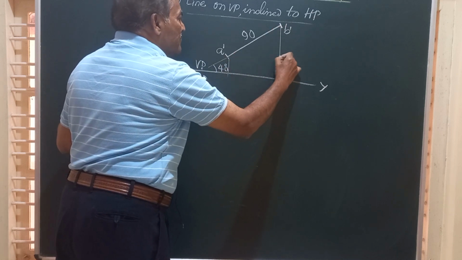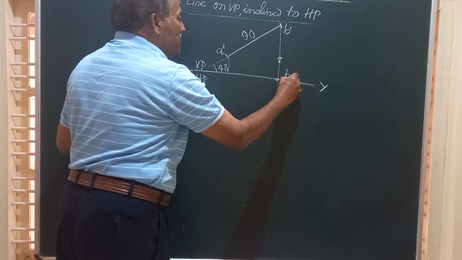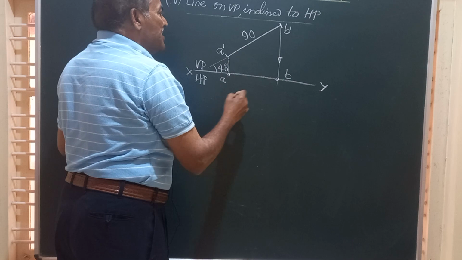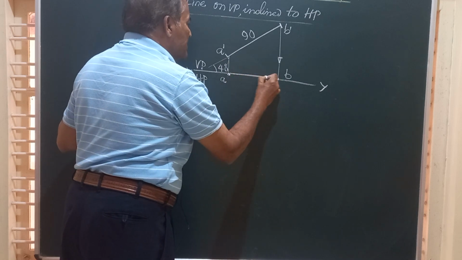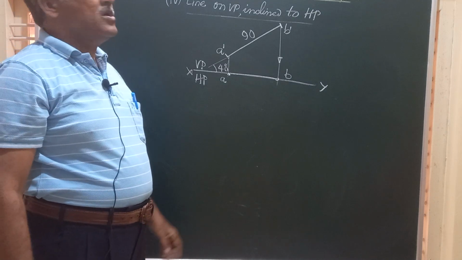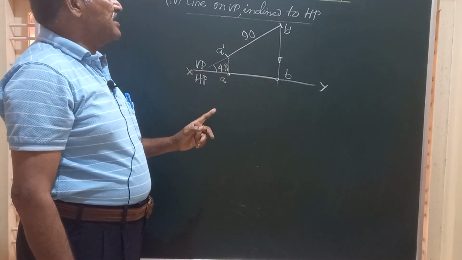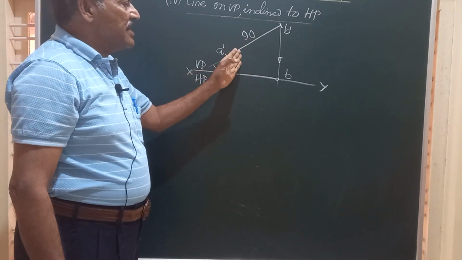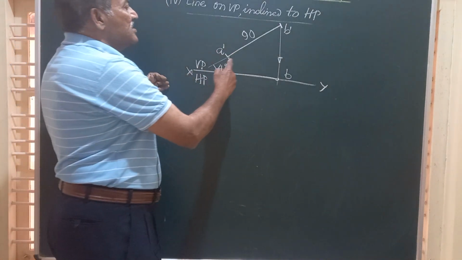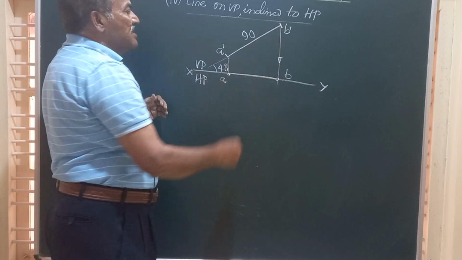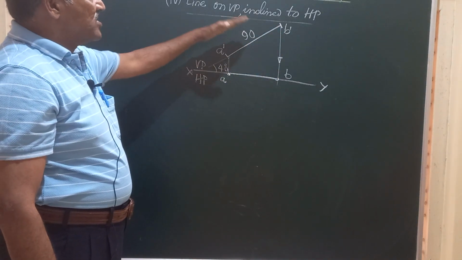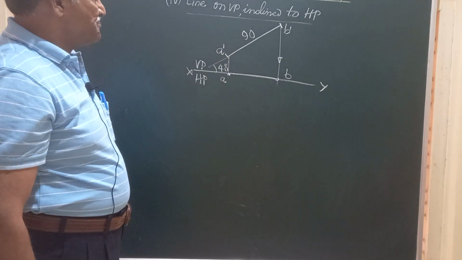So if you project from there, you get this as point B and this as point A. So here friends, AB will represent the top view, A dash B dash will represent the front view, and the inclination of the line and its true length can be seen in the front view. So this is the projection of a line inclined to HP and lying on VP.